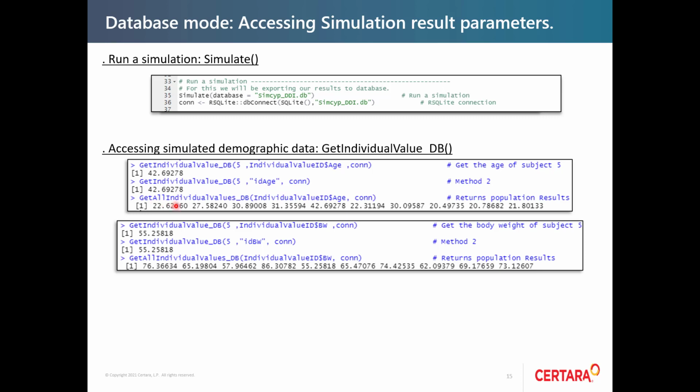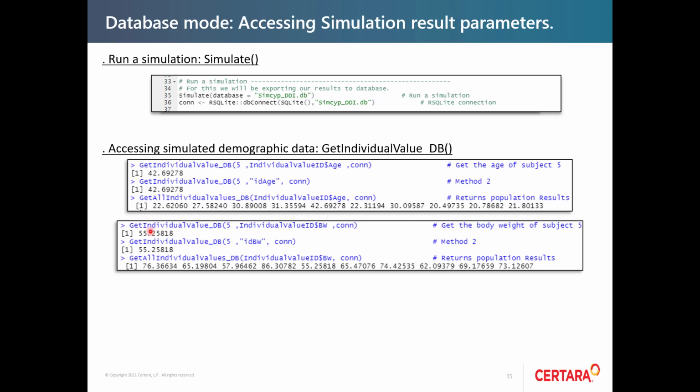If you're interested in knowing the age values for the full population, you can use the function called getAllIndividualValuesDB to extract this information. For this function, you don't need to specify the subject number. All you need to do is specify the individual value ID as well as the RSQLite connection. Below is another example using body weight. So in this case, I'm interested in the body weight for subject 5.